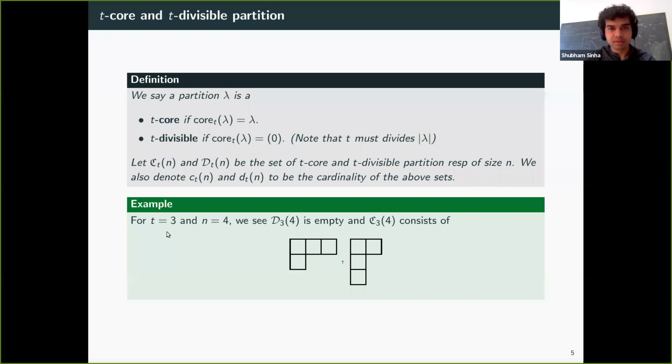So just to give an example, if you take T equals 3 and n equals 4, then D_3(4) is empty because, as I said earlier, 3 must divide the size of the partition, and 3 does not divide 4, so it's empty. While 3 core partitions are precisely (3, 1) and (2, 1, 1) out of the 5 partitions of 4.